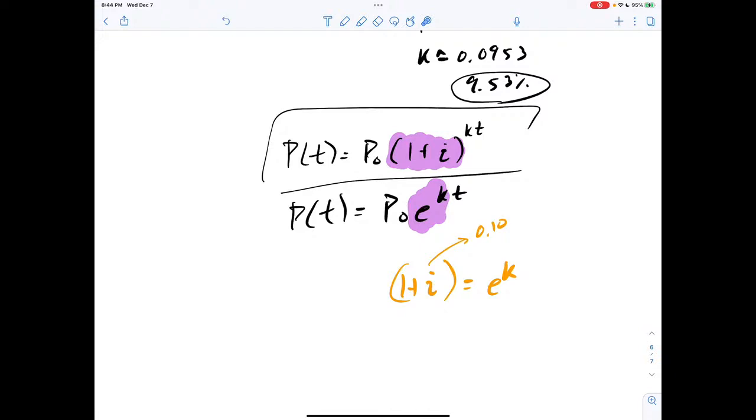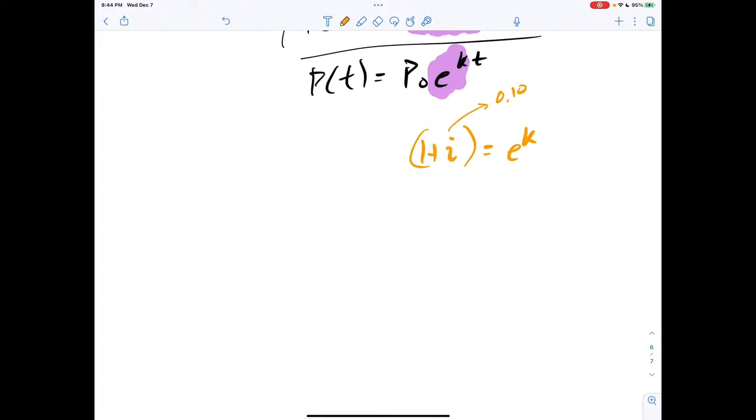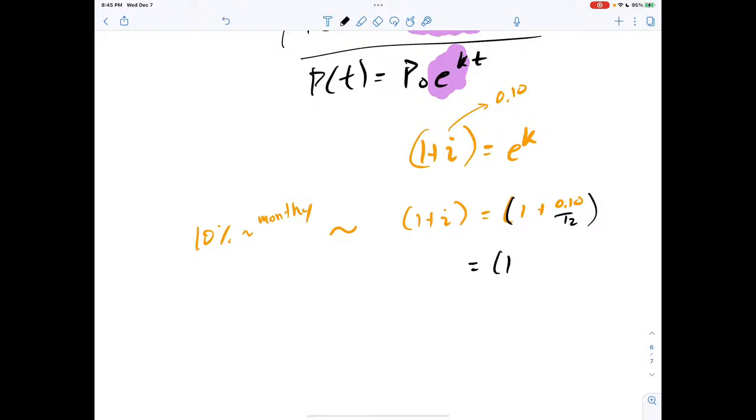Yeah? Okay, good. Just to not confuse you, but let's say you had 10%, but it was compounded monthly now. What you would do is this would be 1 plus i. What's my i value? This time it's 0.10, and because we were doing annually we were dividing by 1, now I have to divide by 12 here. So this will end up being 1 plus 0.10 divided by 12. This ends up being 1.0083.